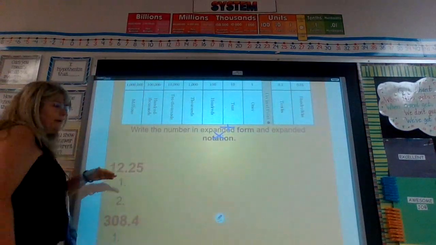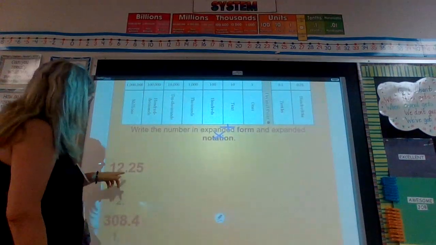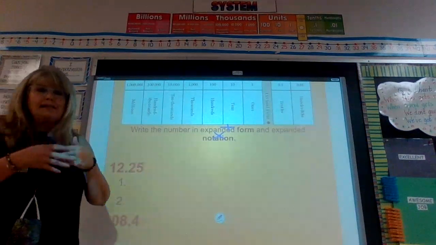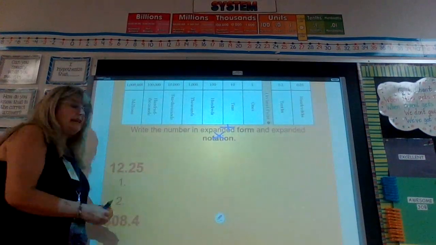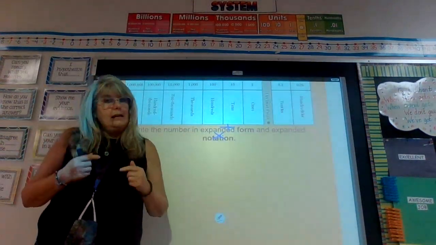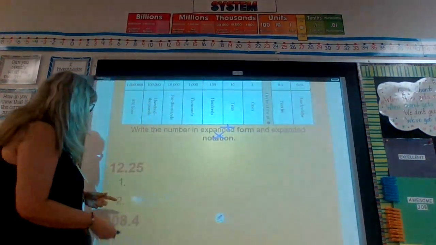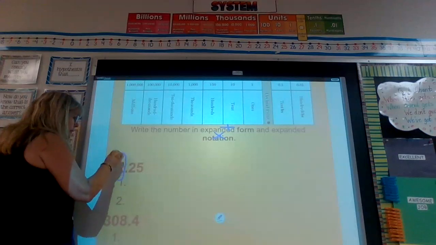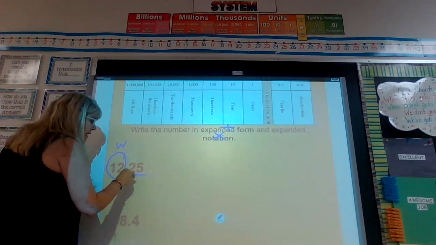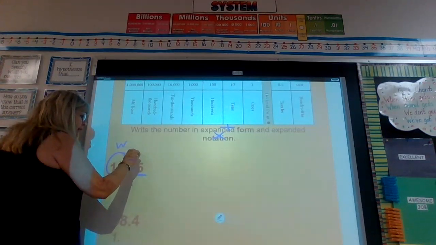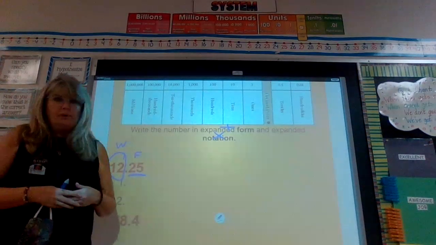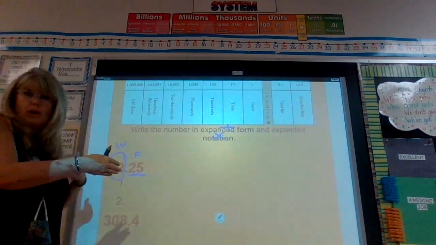Okay, so the first one we have is 12 and 25 hundredths. You know, the best way that you can do this is to look at that number and say it to yourself. If you can say it, as Miss Witt said, you can write it. So, 12 is your whole number, and 25 hundredths is the fractional part.